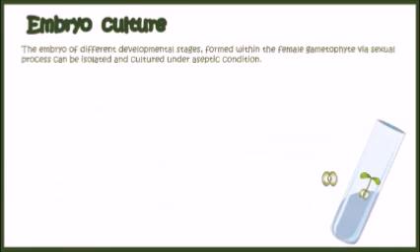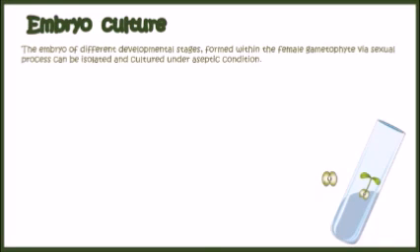Let's talk about embryo culture. The embryo of different developmental stages formed within the female gametophyte via sexual process can be isolated and cultured as a whole under aseptic conditions, and this is known as embryo culture.